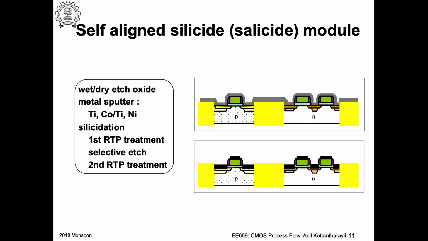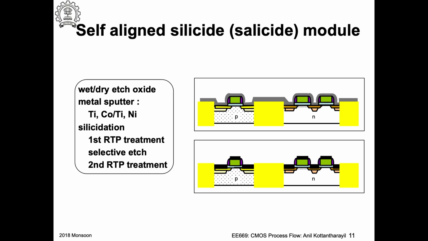And then you do a second rapid thermal process where the objective is to convert the silicide to the desired phase. So if I take the nickel silicide process, in the first RTP step the metal will react with the silicon to create what is called a metal-rich silicide.